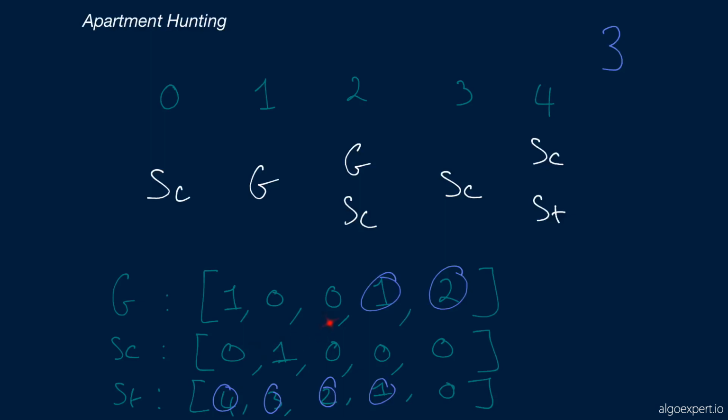How do we compute all these values? Well, we would do it requirement by requirement. So we'll start with the gym.